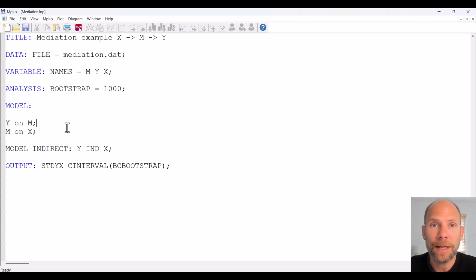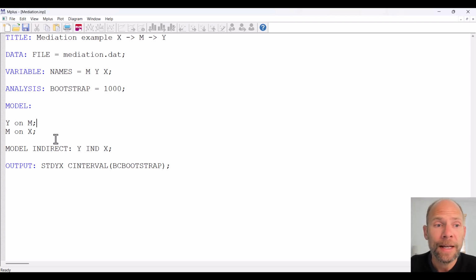And so in this case the hypothesis would be that there's no direct effect from x to y, and as a result this path c prime is implicitly set to zero here in this model. And I'll show you how to test that hypothesis, that x does not directly affect y but only affects y indirectly through m, in a minute when we're going to take a look at the output for this model.